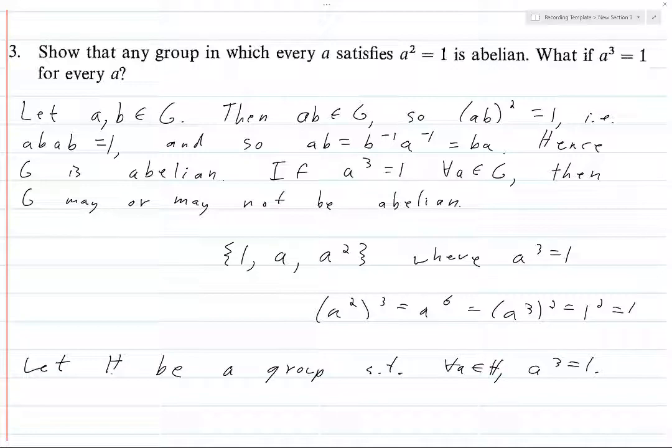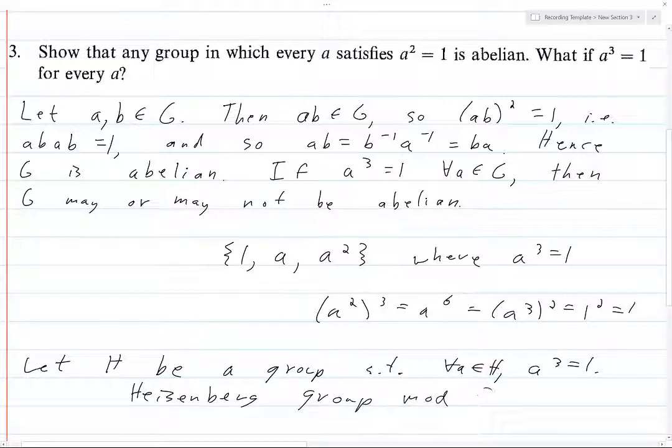And the simplest group I could find, I looked into this a little bit, is called the Heisenberg group mod 3. I mean, it could be that there's a simpler group of this type which is not abelian.